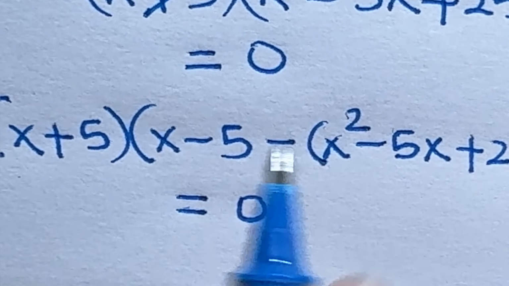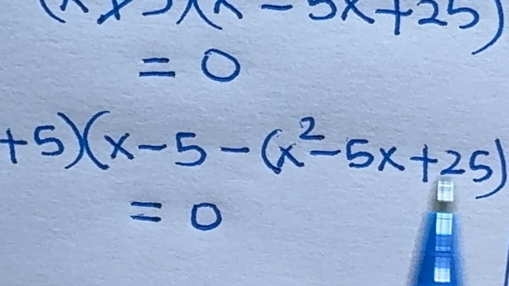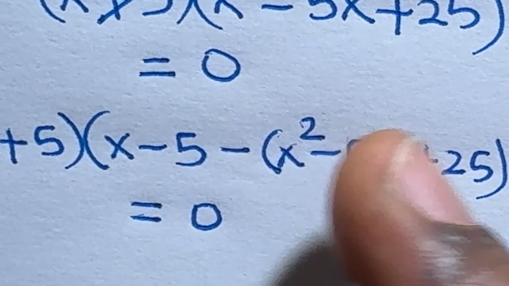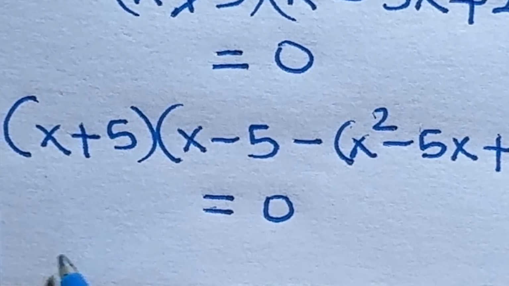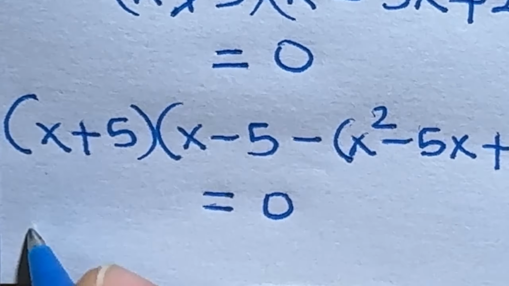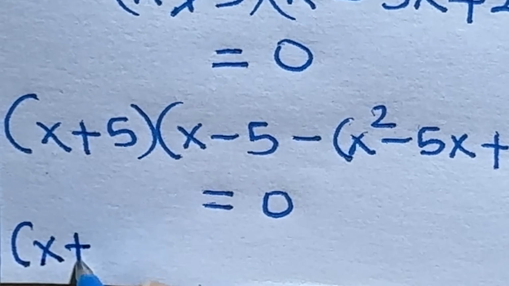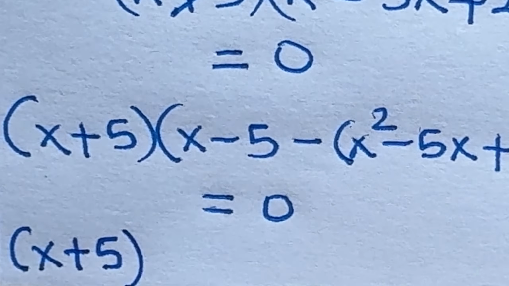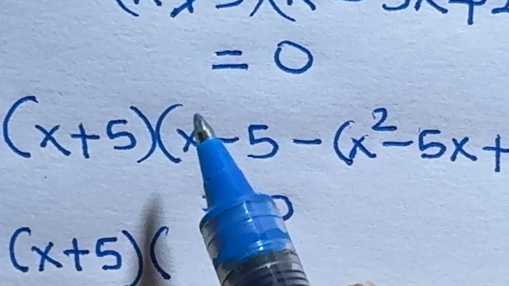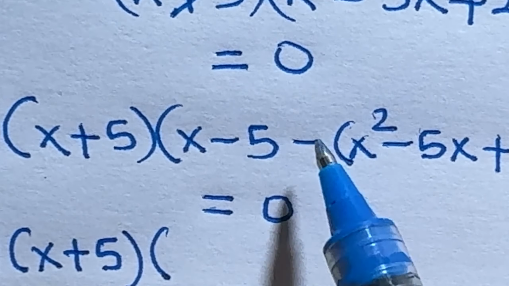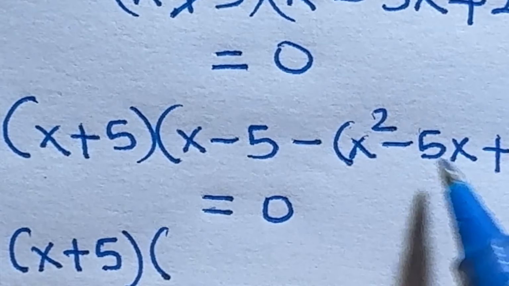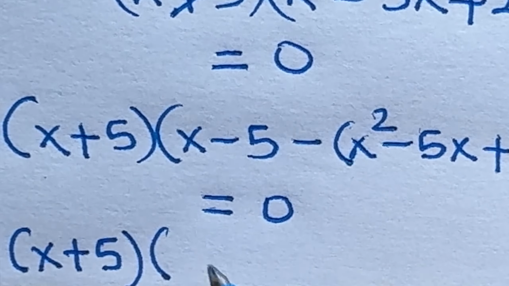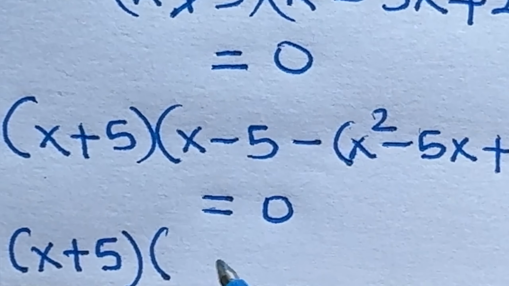So let's tidy up these inner brackets by opening up the brackets. So we have x plus 5 into brackets. So this is x squared minus 5x, which will give us plus 6x.